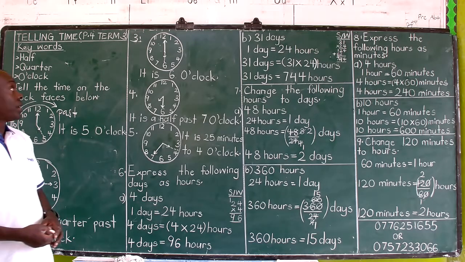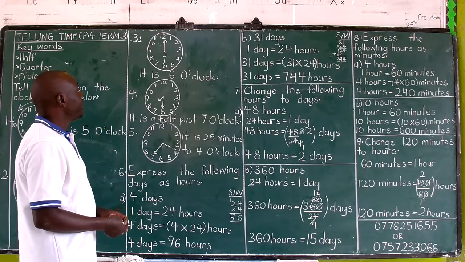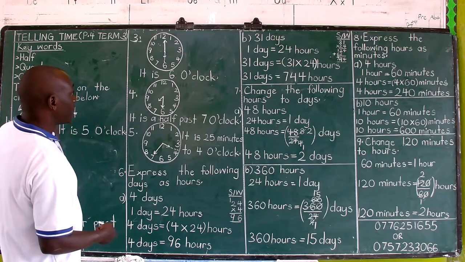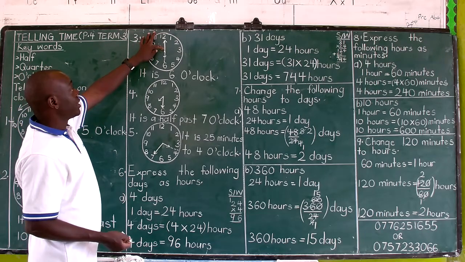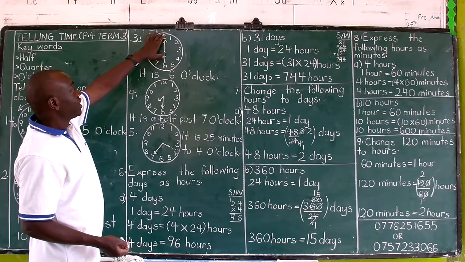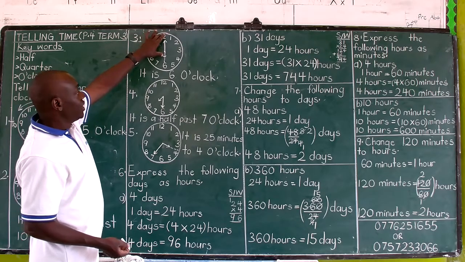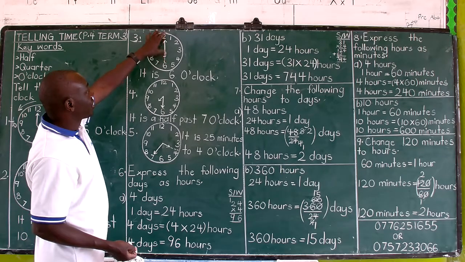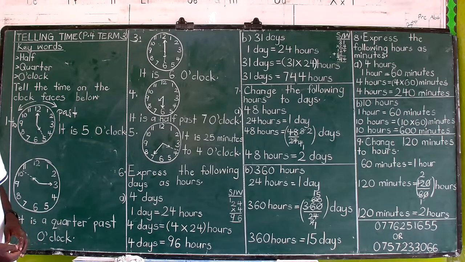As we look at example number 3, number 3 is like number 1. Why? The longer arm, that's the minute hand, is pointing at 12 directly, and therefore we shall just read like number 1. It is 6 o'clock. It's exactly 6 o'clock on this clock.